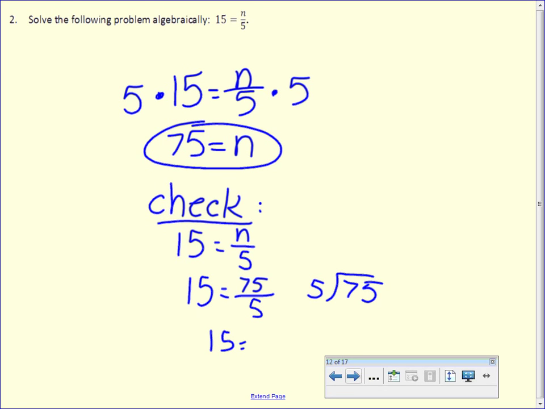I don't want to assume that those are going to be equal. The whole point of the check is to find a mistake that maybe you made when you were solving it algebraically. So 15 does equal 15, so that's a true statement. So that does equal 75. Okay?